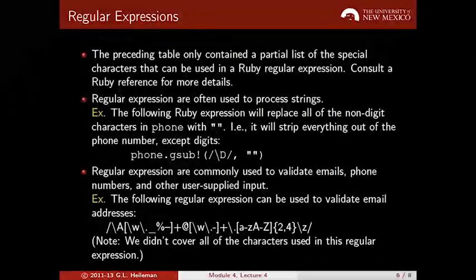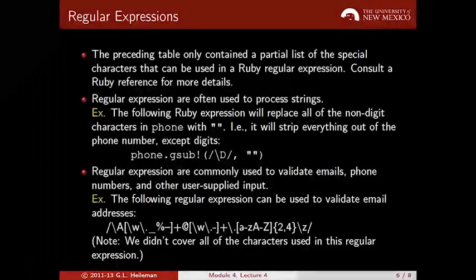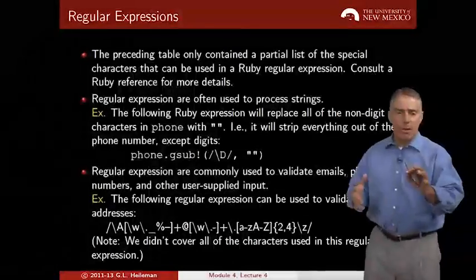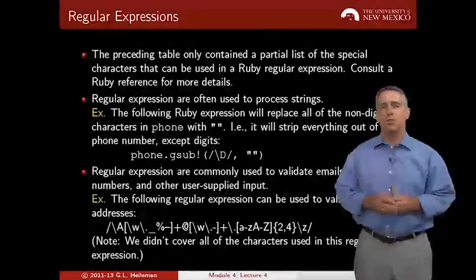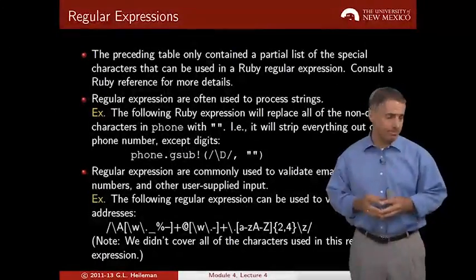As an exercise, look this up in a Ruby reference and find out what each of these various symbols does in the regular expression checking. And what I'll do now is show you what happens if you try to compare this to particular user input that may or may not correspond to email addresses. Let's take a look.